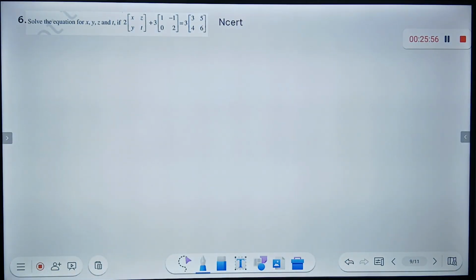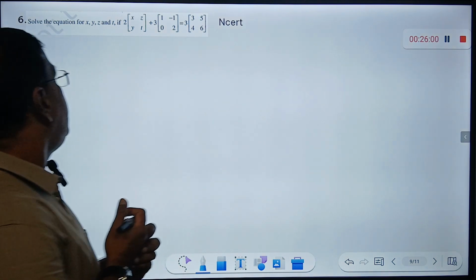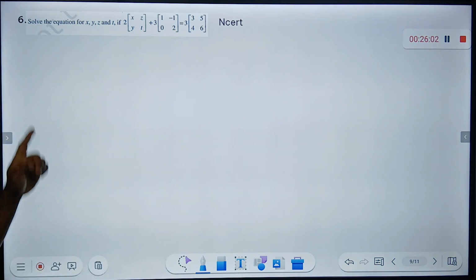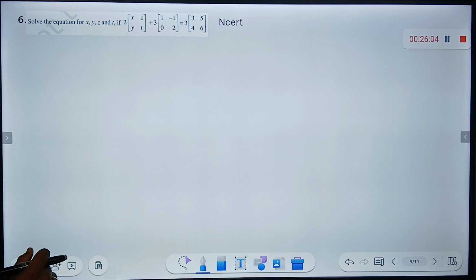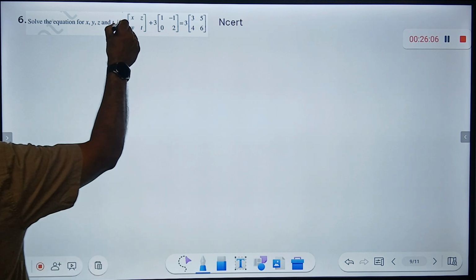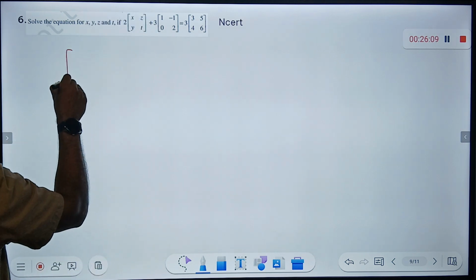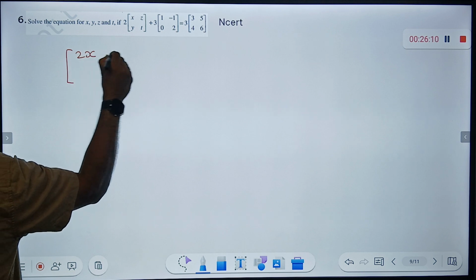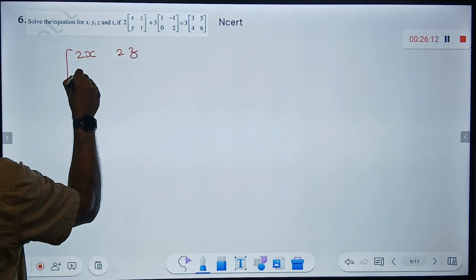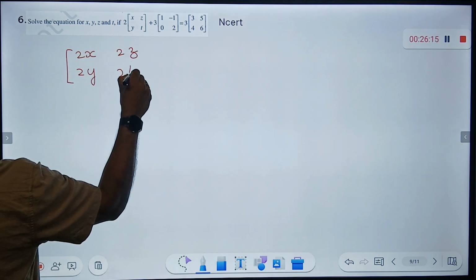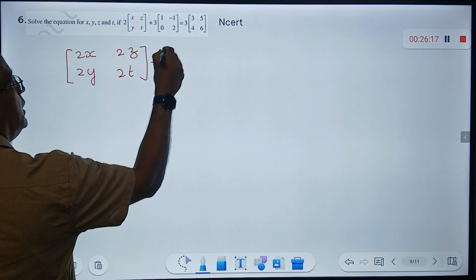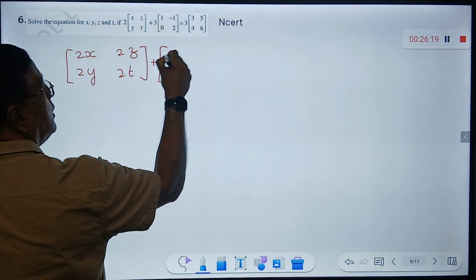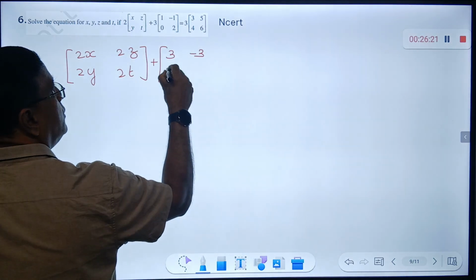Now let's go back to this question. This is also an NCERT question. You are asked to find x, y, z and t if it satisfies this equation. Now what is this equation? 2 is multiplied to this matrix, so it will be 2x, 2z, 2y, 2t, plus 3 is multiplied here. So what do you get? 3, minus 3, 0, 6.